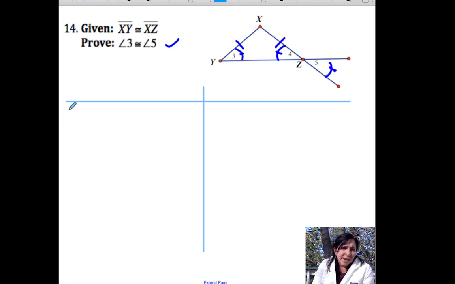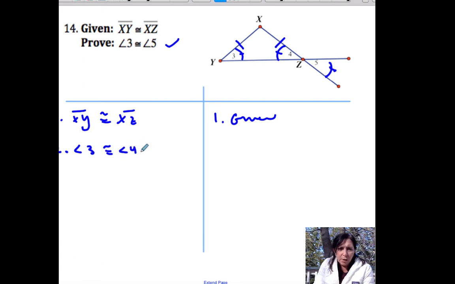So in saying all that, number one, you would say the given. So you'd say XY is congruent to XZ, and that is by given. Based on that one thing you now know that angle 3 is congruent to angle 4, and that would be the isosceles triangle theorem, ITT.